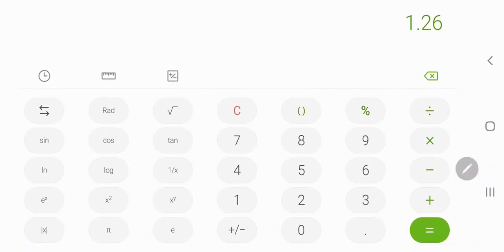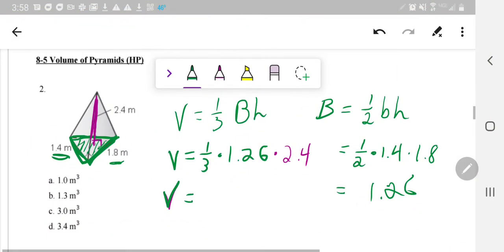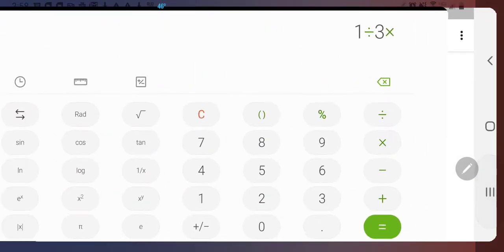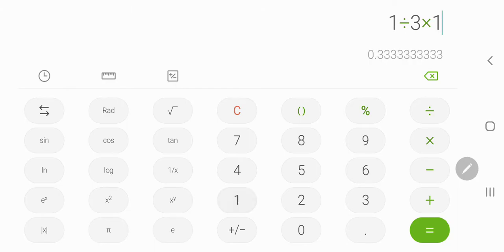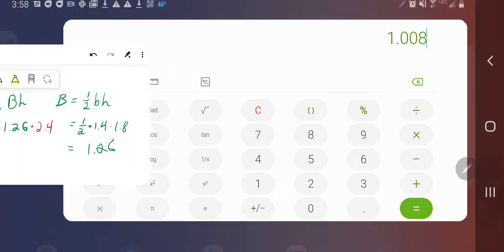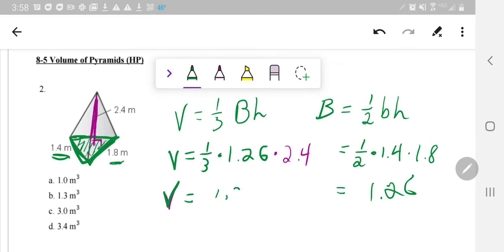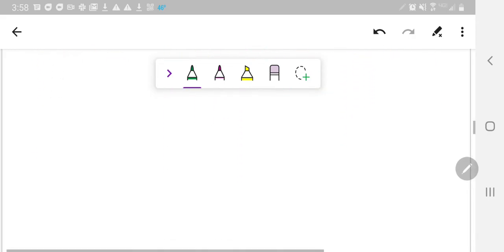So I'm going to do 1 divided by 3 gets me my 1/3, times 1.26 times 2.4, and that gives me 1.008. And let's see, if I round that to the nearest tenth, I look at the hundredths place, it's a 0, so that says keep. So we have 1.0 there. Next problem.